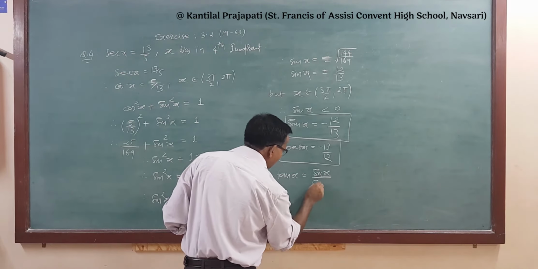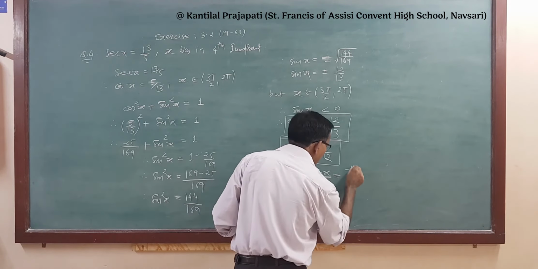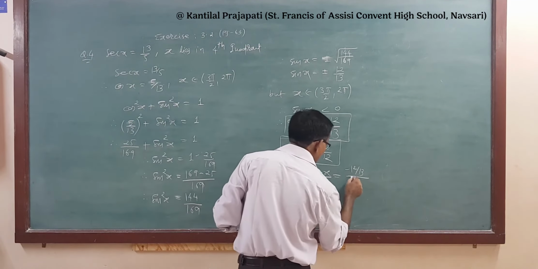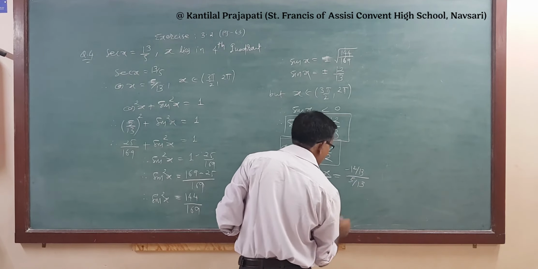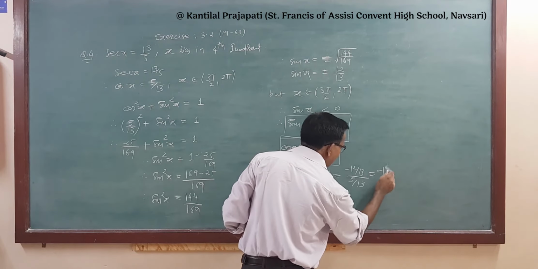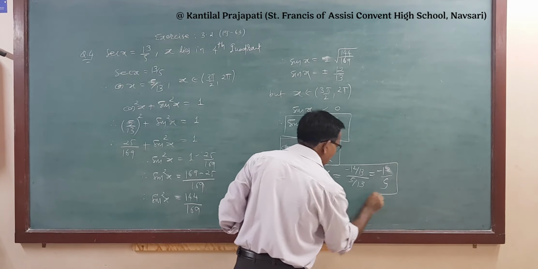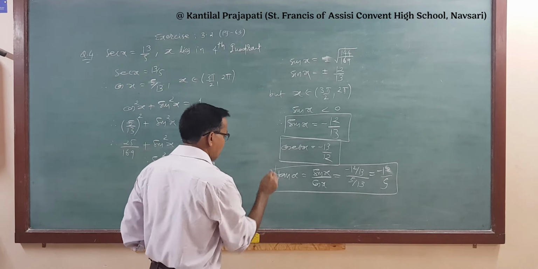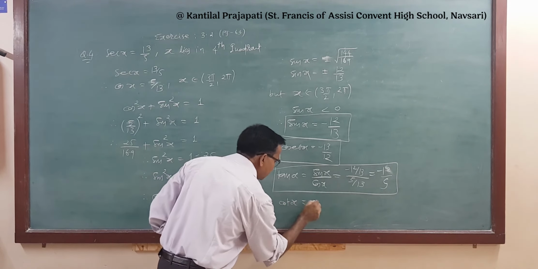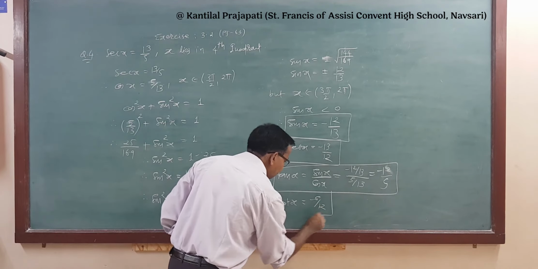Sin x upon cos x is equal to minus 12 upon 13 divided by cos x, 5 upon 13, and you get minus 12 upon 5. This is the value of tan x. Then cot x is the reciprocal of this tan, minus 5 upon 12.